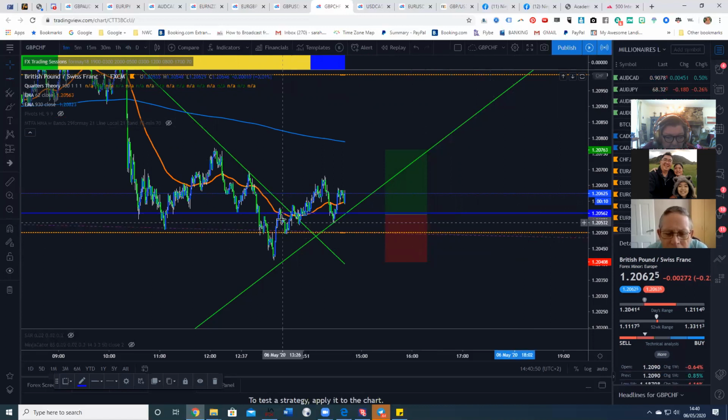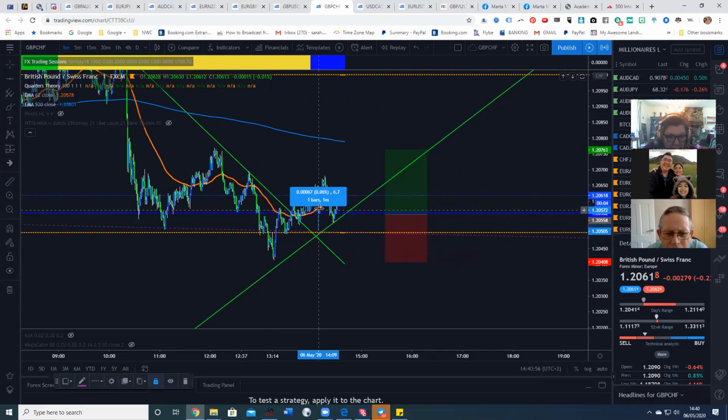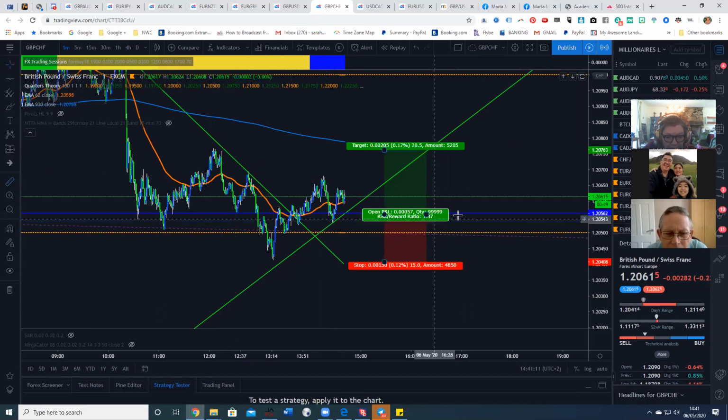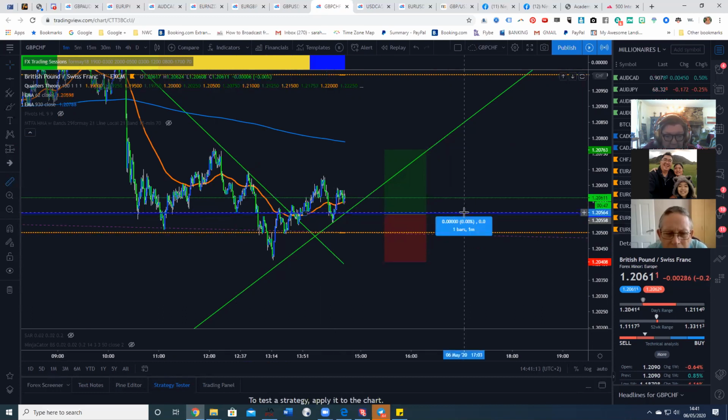So break and a retest, and it did that by 7 pips. So not 10 pips, but it was off both levels, and then a break and a retest of that 1 minute trend. And then, you know, it's gone up from there. How many pips in profit would we be?